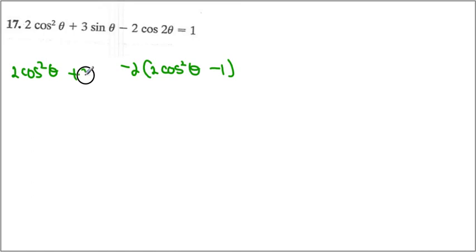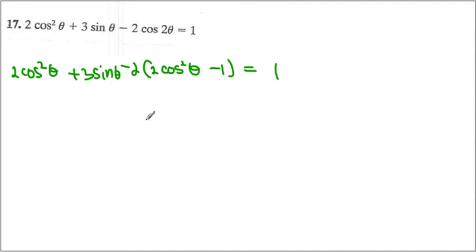Here we have cosine squared theta, but we can express this in terms of cosine also. So therefore we have negative 2 times (2 cosine squared theta minus 1), then this becomes 2 cosine squared theta plus 3 sine theta equal to 1.